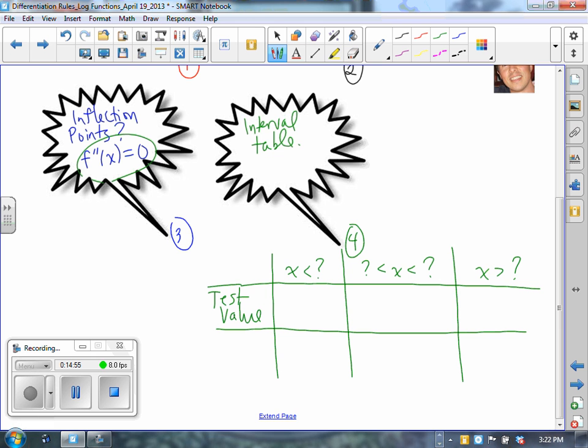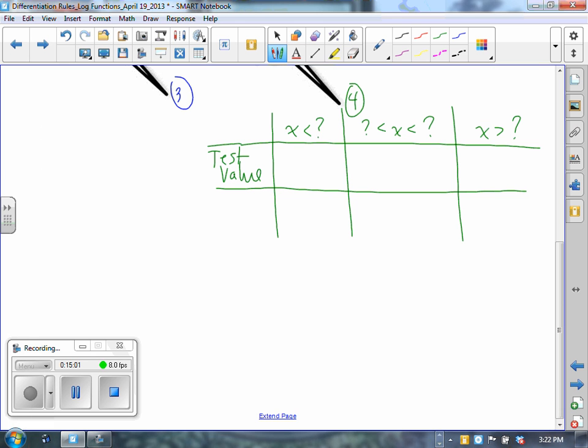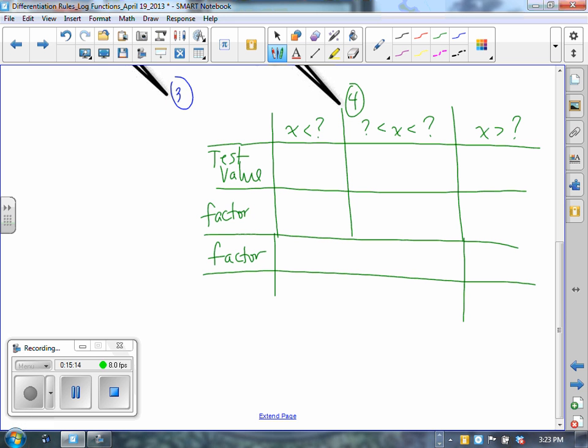Okay, so we would choose a value within the interval, substitute that into the second derivative equation, and look at the result. Specifically, as opposed to into the equation directly, we would write down the factors of that particular equation and determine their sign. So depending on how many factors you have.